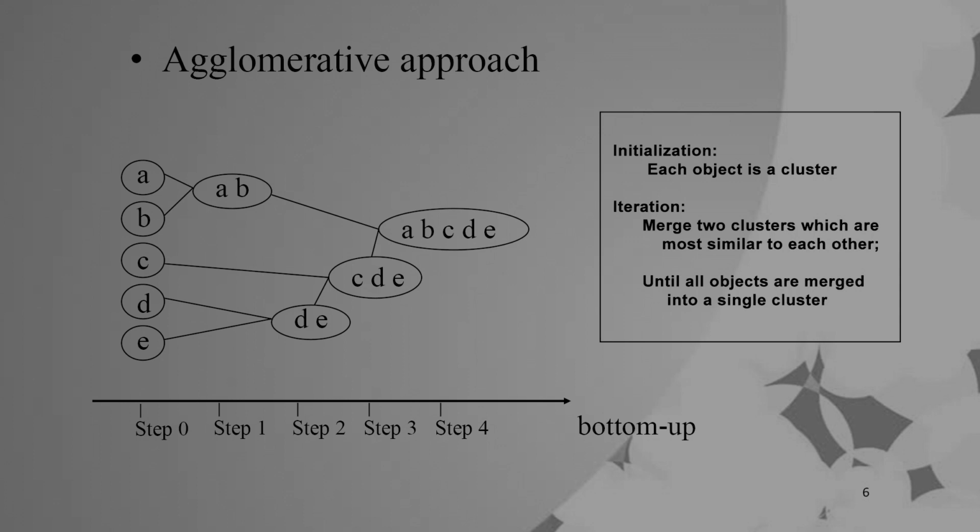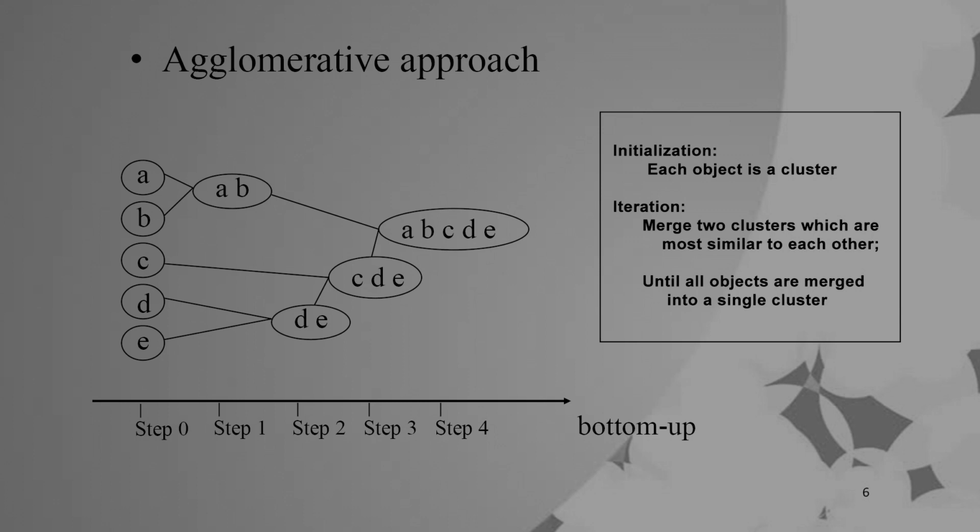So, let us do this on the left hand side. Let us go bottom up. We just formed 5 clusters, each consisting of A, the next B, next C, next D, and the next one was E. At the next level, I will merge two into a cluster. A and B will together form a cluster because they are close to each other. D and E will form another cluster because they are close to each other.